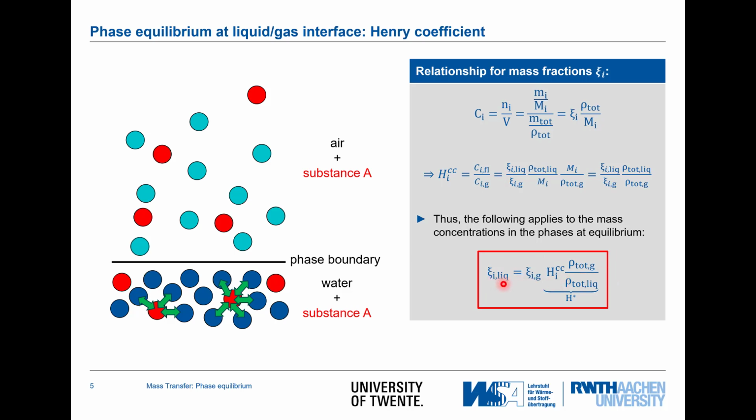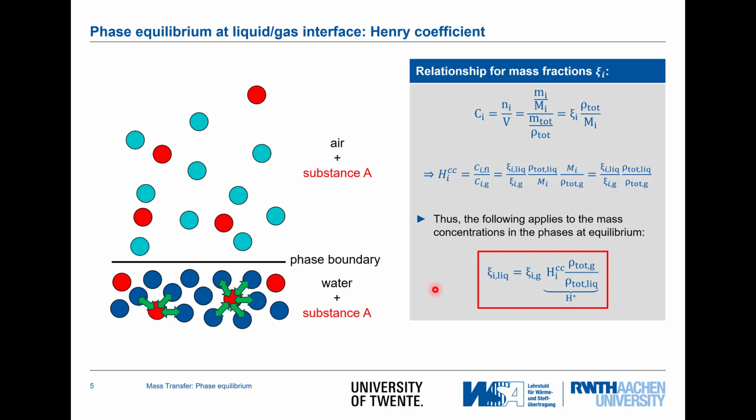So we get the mass fraction on the liquid side equals the mass fraction on the gaseous side times the Henry coefficient defined by the concentrations, with a superscript Cc, times a density ratio. And we can combine that and name this also Henry coefficient. And in order to mark the difference to the previous one, this one has an asterisk.